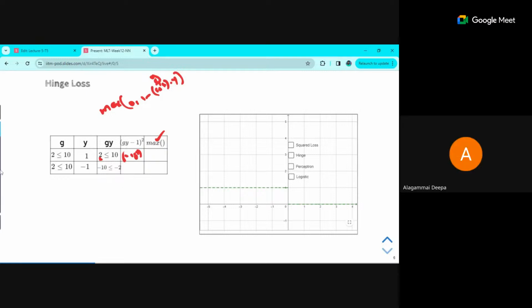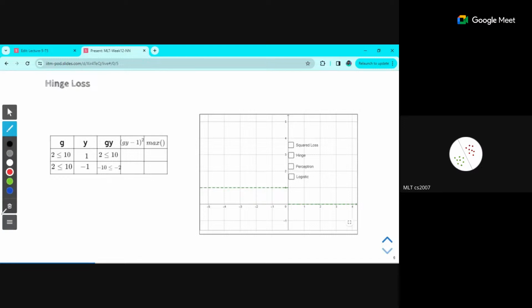I said 0 to 9 because if we take the upper bound of GY as 10, then 10 minus 1 is 9, so the maximum of 0 comma 9 will be 9. Look carefully: when you plug in the maximum value 10 here, what happens to the subtraction? It becomes minus 9. So when you take the max, it is 0.